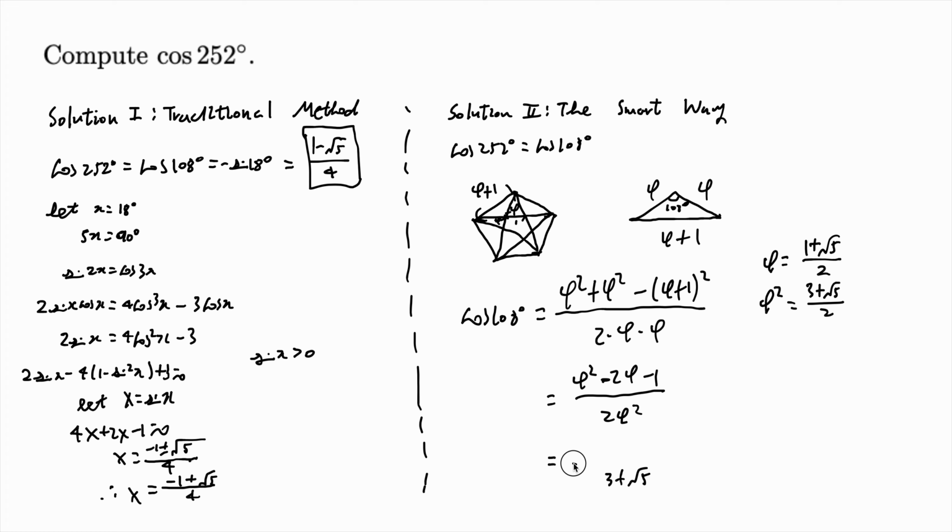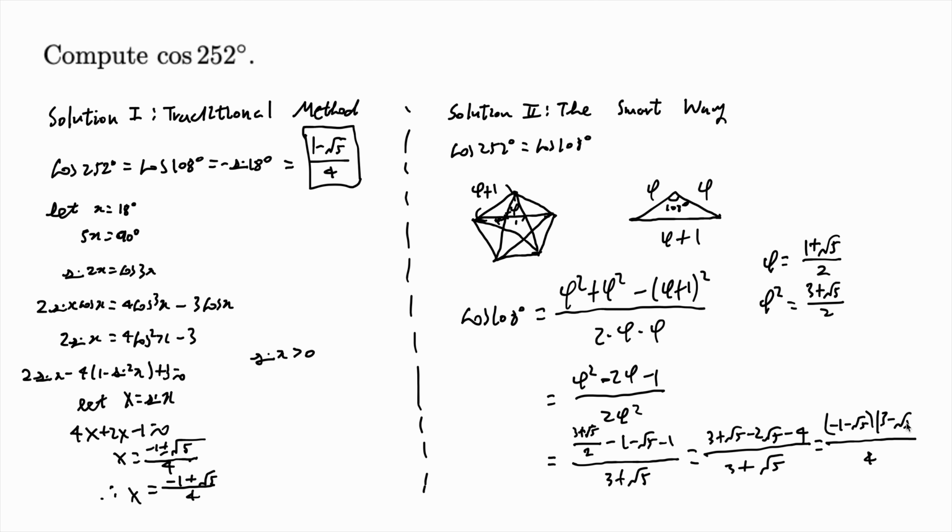And let's just calculate it. Root 5 minus 1 minus root 5 minus 1. This is equal to, multiplying everything by 2, we have 3 plus root 5 minus 2 root 5 minus 4 over, and this is equal to 4 over negative 1 minus root 5, and then 3 minus root 5.